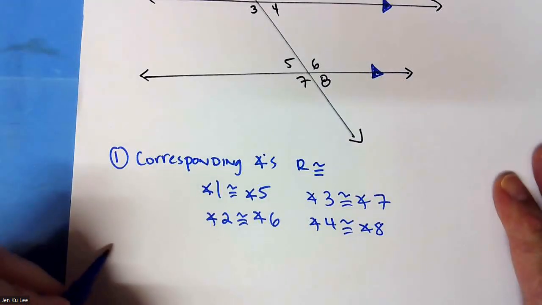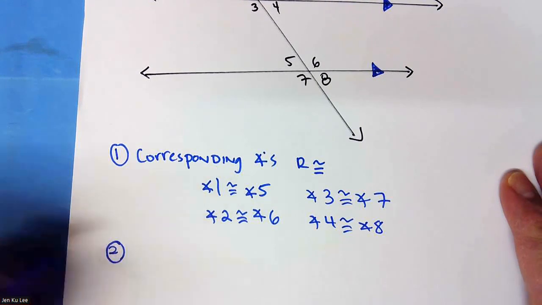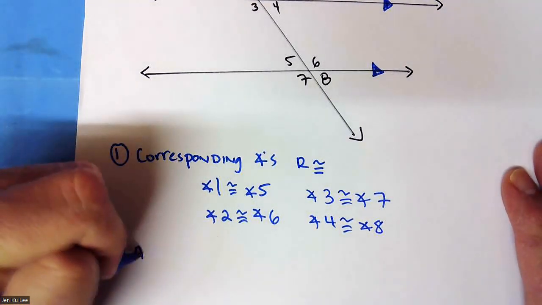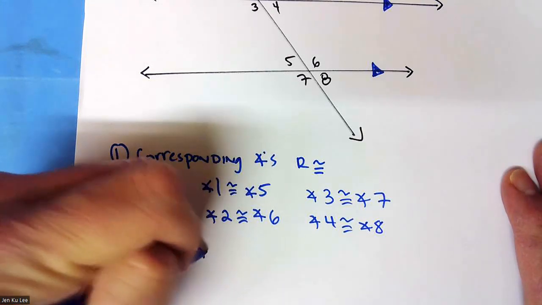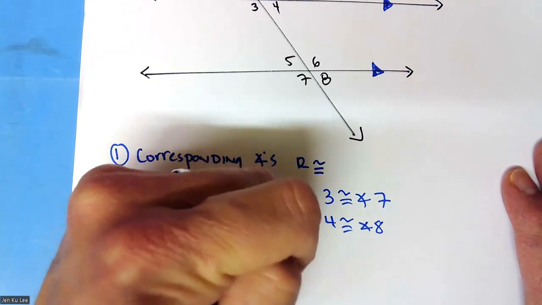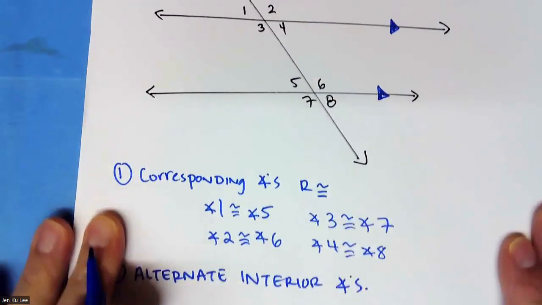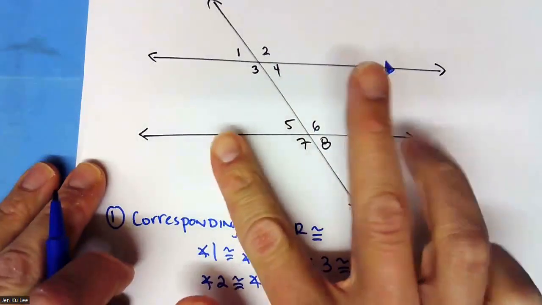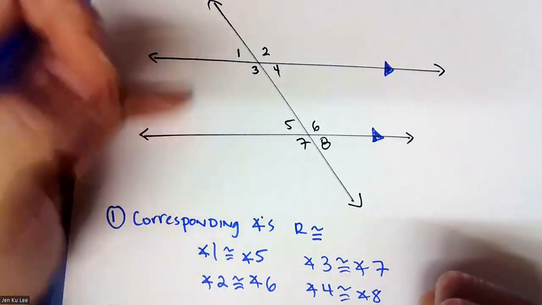And the second type of special angles that are created are called alternate interior angles. And they are on alternating sides of the transversal and on the inside of the parallel lines.